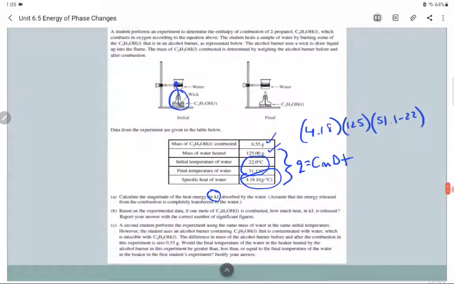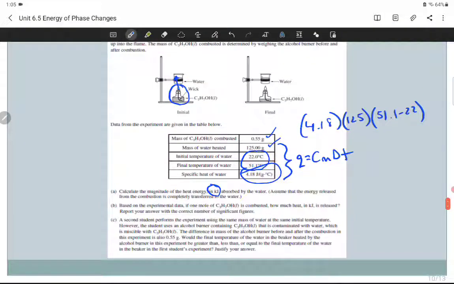Part B. If you burned 1 mole of propanol, how much heat in kilojoules is released? By the way, this Q equals CmΔT that we just did is for burning 0.55 grams.